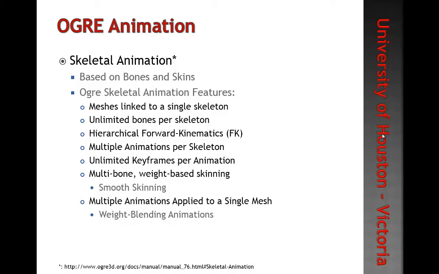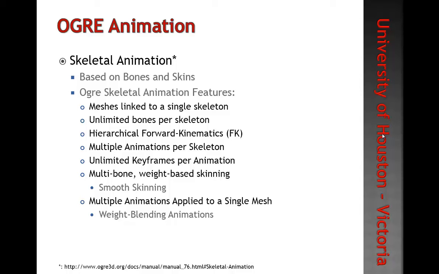So when you have the bone move, then the vertices that are attached to it or skinned to it will move with it. And if you have a weight-based system created for vertices, so if a vertex is controlled by two bones, then when each of those two bones move, a combination of their movements will control how the vertex moves itself.